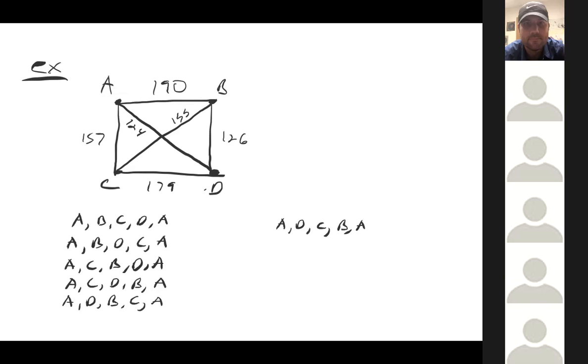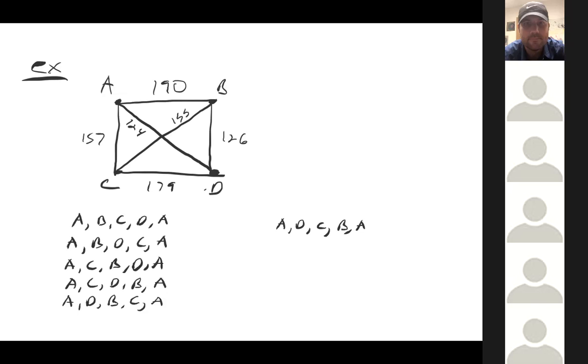Okay. So here's what I want you to do. If you guys have your calculators out, what you basically do is you take the path, like the first one, A, B, C, D, A, and you add up all those distances of the edges I traveled along.